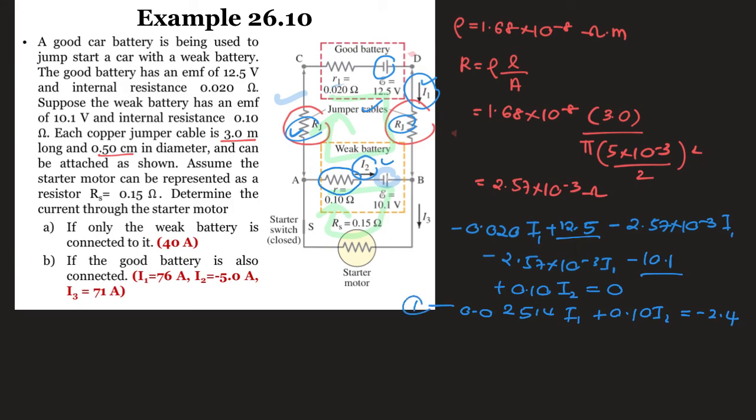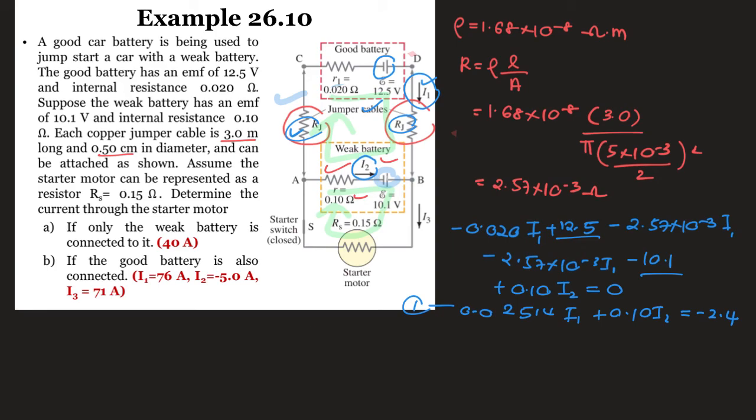So we are going to proceed with the next equation, which focuses on this part. I'm using the assumption loop, which is clockwise motion. I'm going to start at 0.10 ohms first, which is this one. Here I'm going to get negative voltage, because the second assumption loop is the same as the direction of the current inside the circuit.